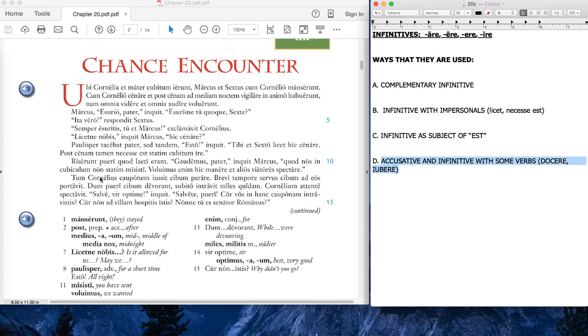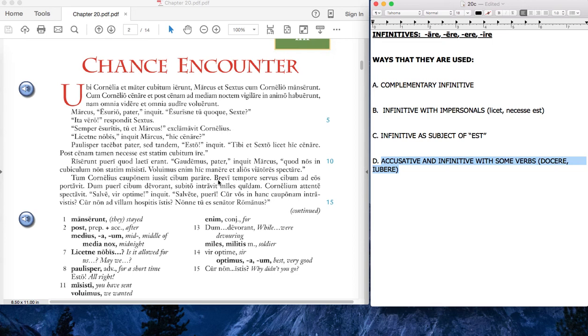So it says, then Cornelius ordered the innkeeper to prepare food. So here we've got an accusative, the direct object, cauponem, and we've got an infinitive there. So this would be an example of an accusative and infinitive with the verb iubere, or here the form is iussit, but it comes from the infinitive iubere. So he ordered this guy to do this thing. So it's accusative and infinitive.